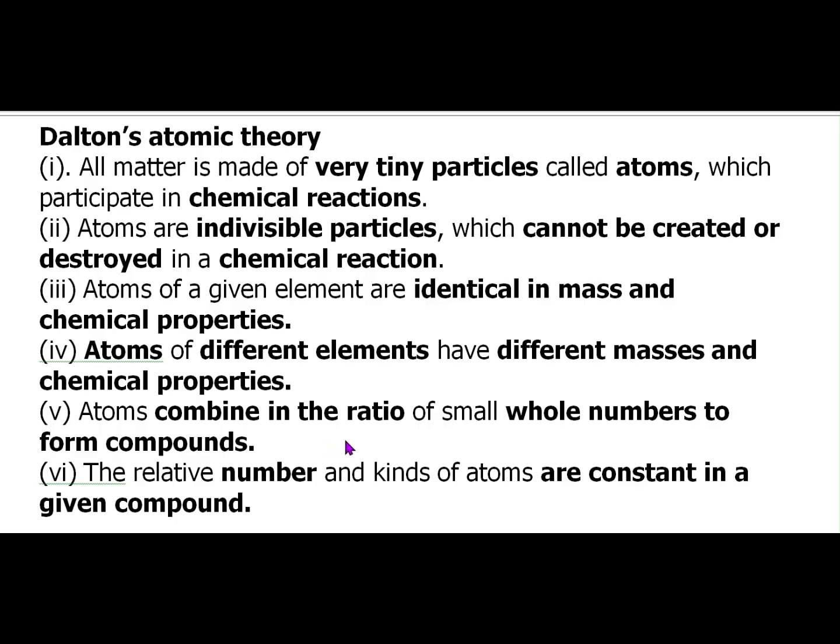Atoms combine in the ratio of small whole numbers to form compounds. The relative number and kinds of atoms are constant in a given compound. For example, H2O means there will be only 2 hydrogen and 1 oxygen.